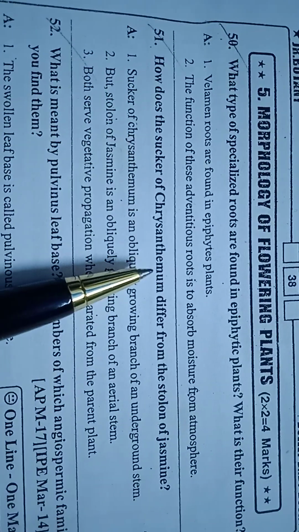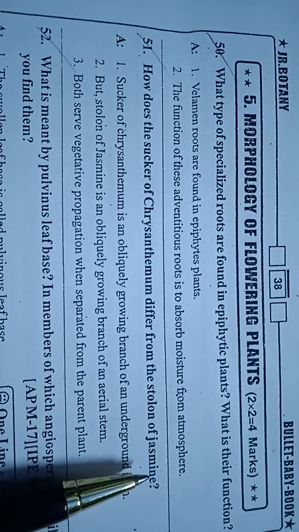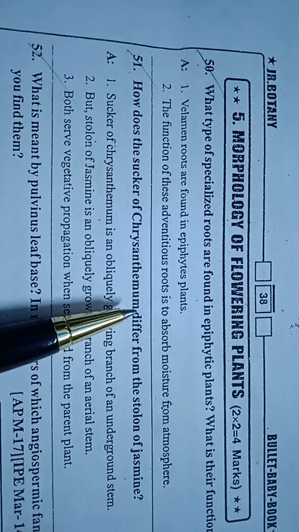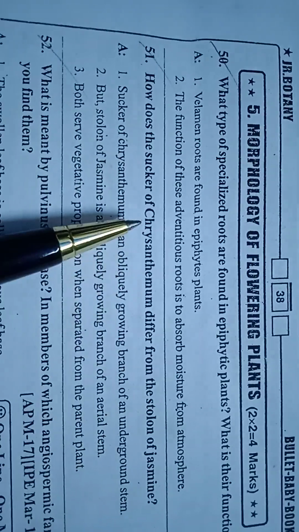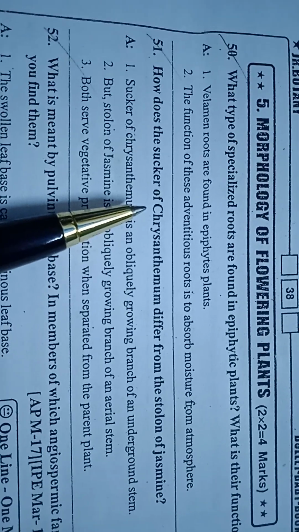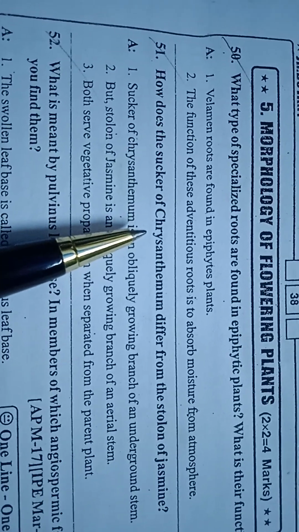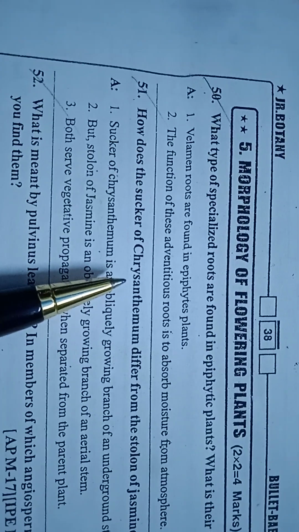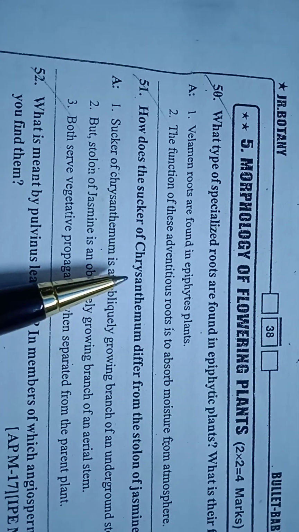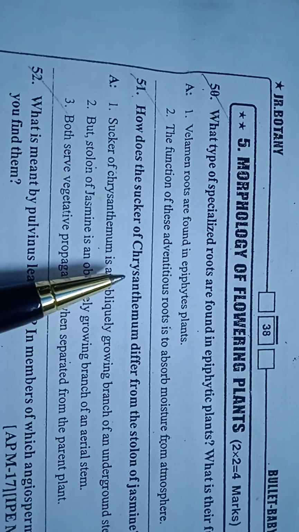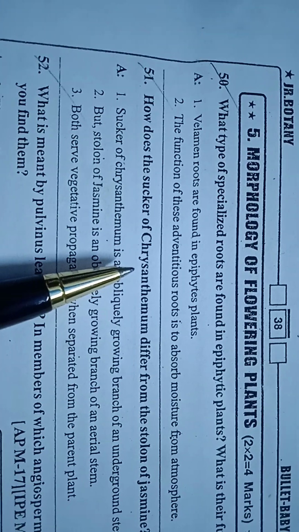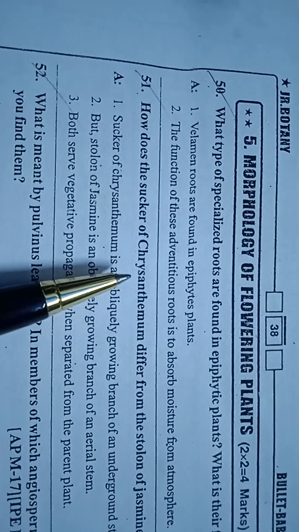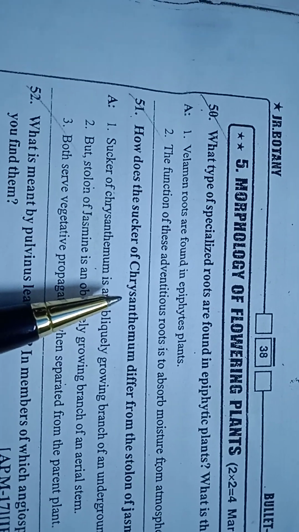How does the sucker of chrysanthemum differ from the stolon of jasmine? He is asking what the difference is between them. What is meant by the sucker of chrysanthemum? It is a lateral branch arising from the main stem close to the ground level, traveling underground for some distance, and producing adventitious roots in the ground.